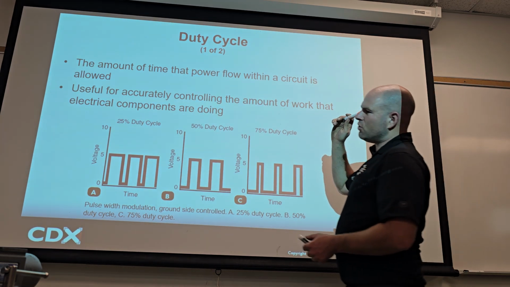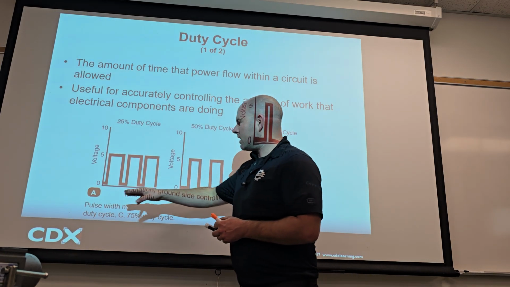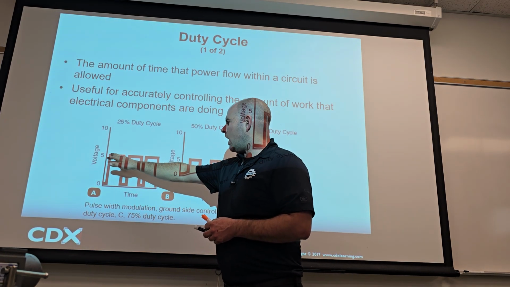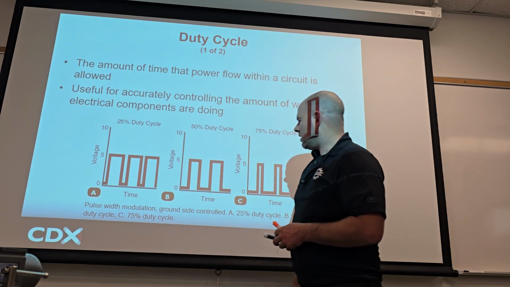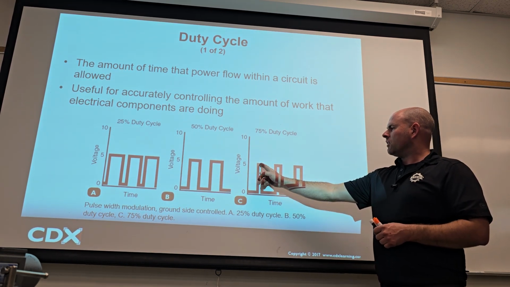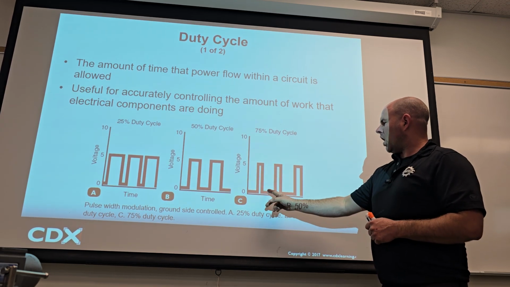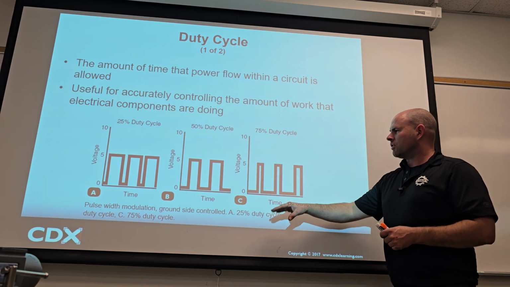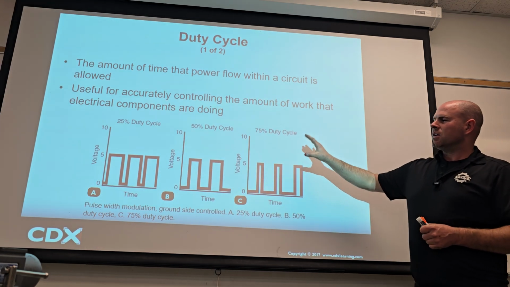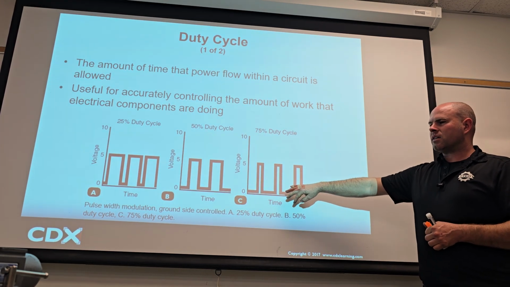And if you want to do these precise motor controls, let's say this one you can see is on a lot and off a little. This one's roughly about half. This one's off. This one's on a little and off a lot, or the other way around, depending on how you want to look at it. Sometimes we're looking at it from the positive side and sometimes from the negative side.